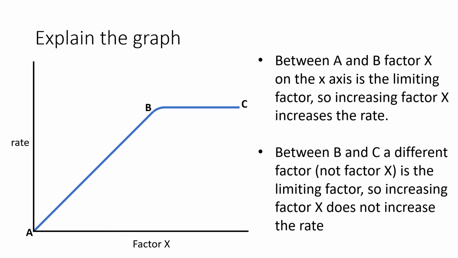Hence, between A and B, we say that the carbon dioxide concentration would be the limiting factor if it was factor X. Between B and C, we have put a lot of carbon dioxide concentration in there, made it really high, which means that we have run out of something else. For example, the sunlight intensity may not be high enough.